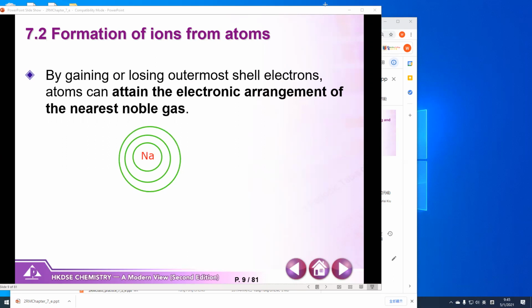Okay, let's draw sodium. First shell, 2 electrons. Second shell, 8 electrons.